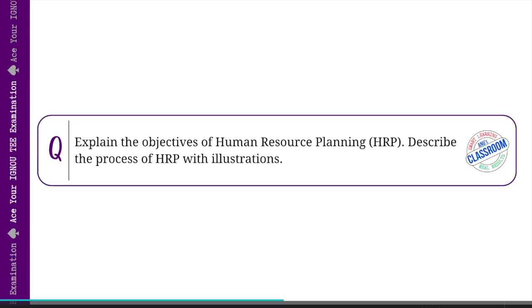Why? If we have too many employees, what will happen? It's a waste of money. People will be sitting on bench. Nowadays, you can hear, right? A lot of people, the bench policies are changing, especially in the IT industry, which I am part of. You can see a lot of people are getting fired. The majority of the people who are getting fired are the guys who are on bench.